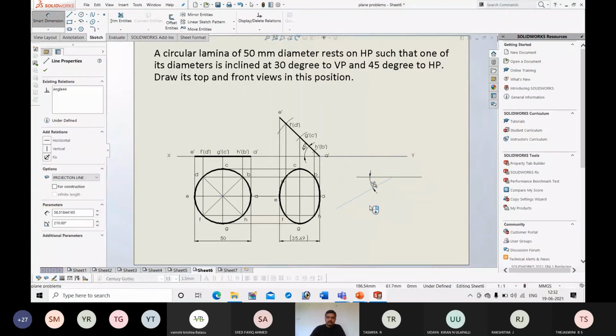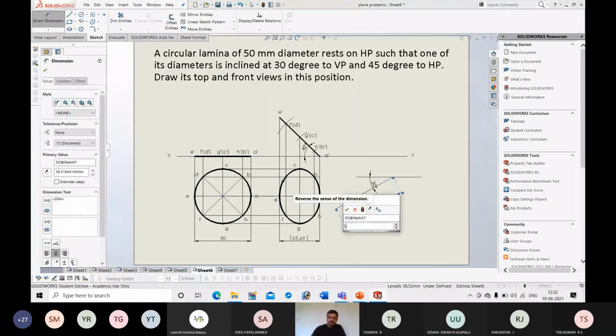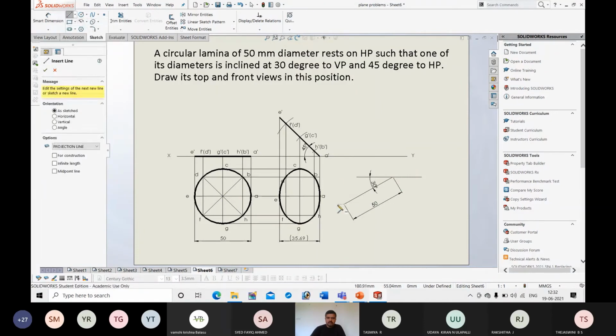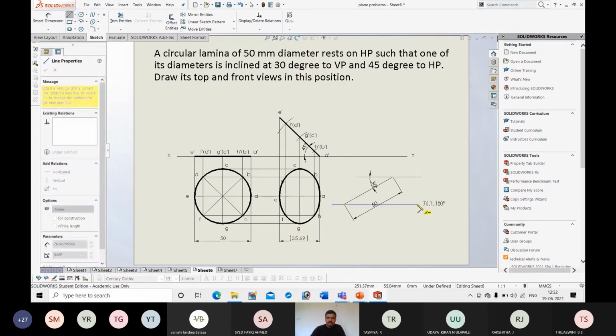This length should be 50. Now this is point A fixed. Now I will draw locus of this point, a horizontal line.